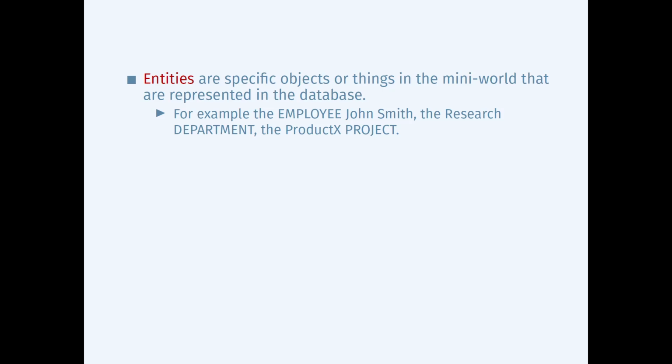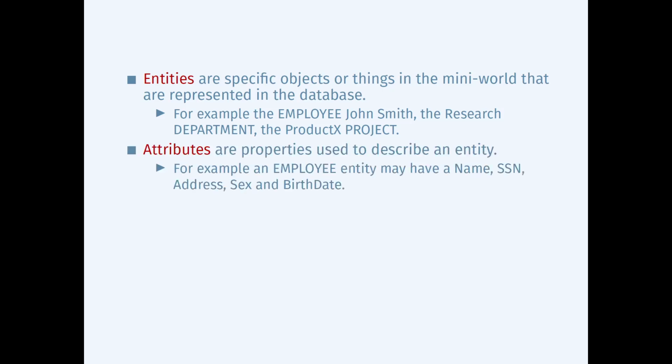When you say a project, a particular project, that we call entity. And each of the entities are described using attributes. For example, if you take an employee, we have already seen from the description, you have to have a name, social security number, address, sex, birthday. These are called attributes.